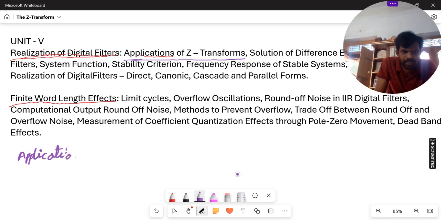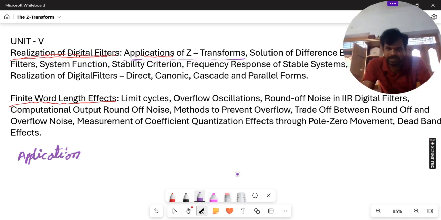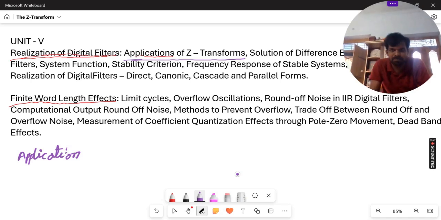As we know, the Z transform is a powerful mathematical tool which is used in various fields, like digital signal processing, digital image processing, control systems and communication systems. These are the key applications of Z transform.